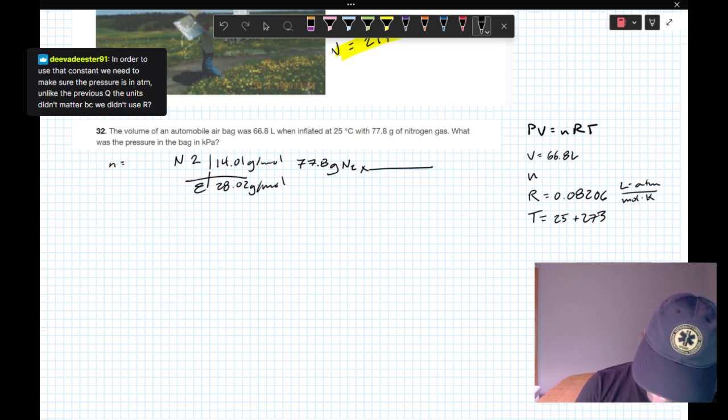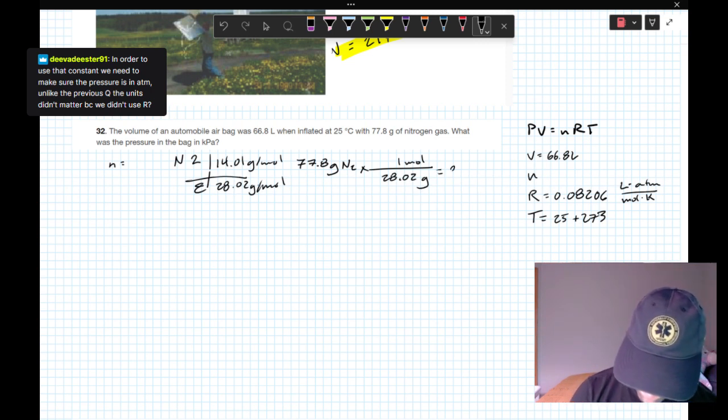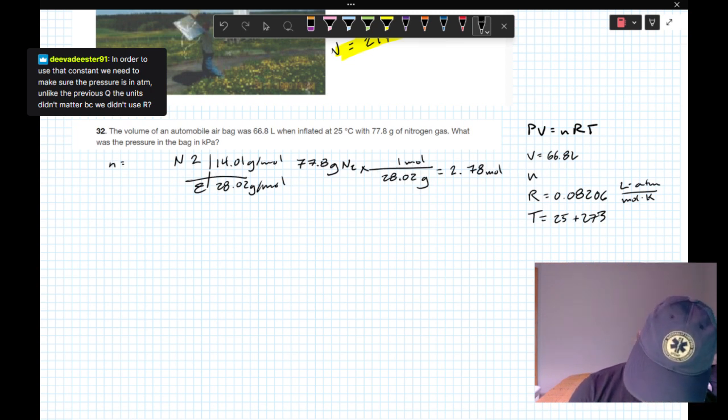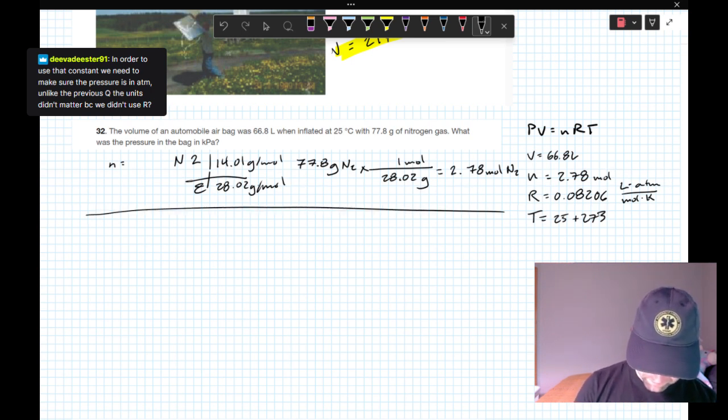Do a little dimensional analysis. Per mole of N2, we have 28.02 grams, which gives us 2.78 moles of N2. And with that, we should have everything we need.